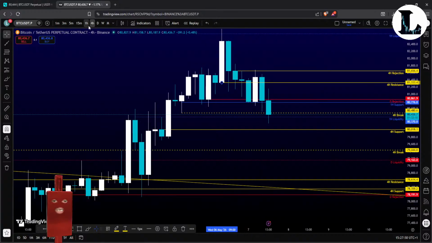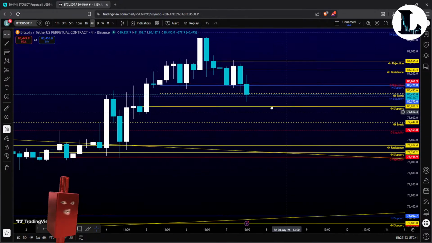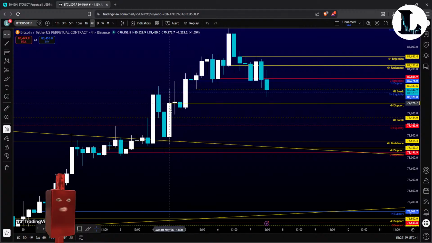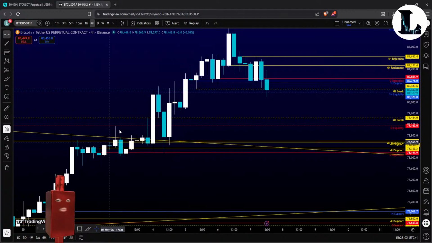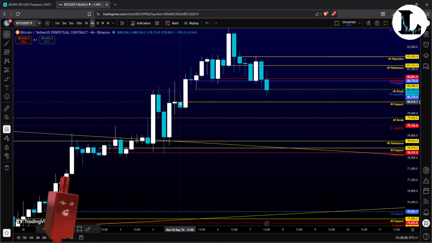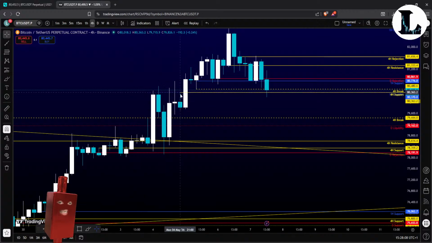Okay, so on the other side of the chart, on the 4 hour, we have a very good uptrend here. All the 4 hour levels, all the 4 hour bull candles are tested until now. Okay, this one was not tested. It is being tested on the week only.